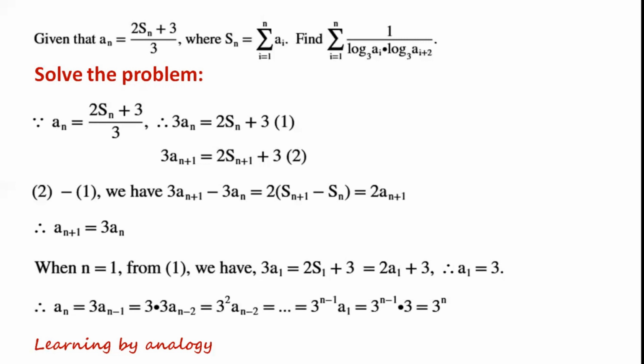Because we know that a(n plus 1) equals 3an, so an equals 3a(n minus 1), which is equal to 3 times 3a(n minus 2), which can be written as 3 squared a(n minus 2), and so on, which is equal to 3 to the power of n minus 1 times a1, which is equal to 3 to the power of n minus 1 times 3, which is equal to 3 to the power of n.